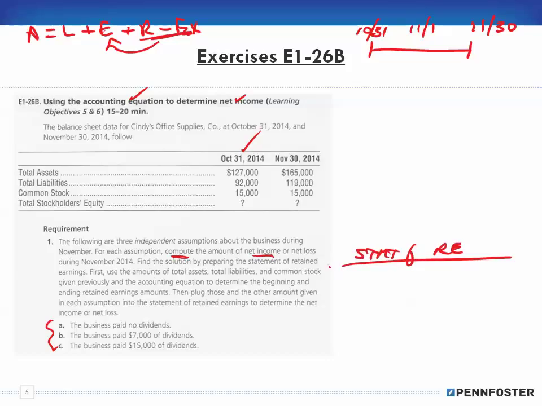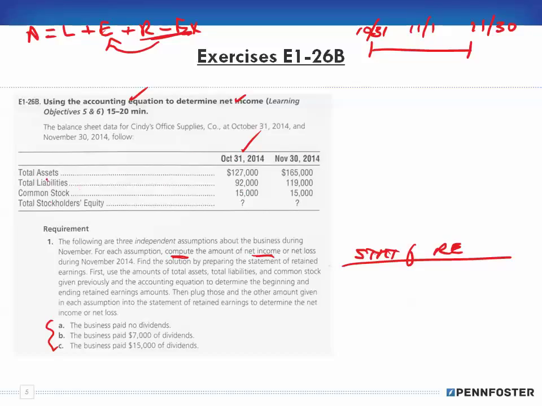Now, first use the amounts of total assets, liabilities, and common stock given previously and the accounting equation to determine the beginning and ending retained earnings amounts. As you see up here, we don't have those amounts. So what we need to do is figure out what those amounts are. All right, so let's go ahead and do that.